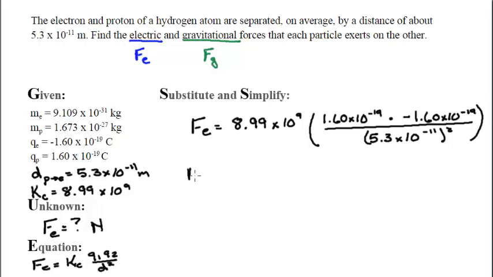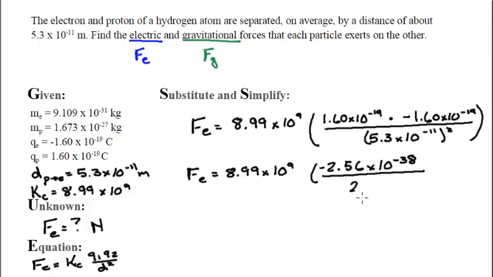Alright, so I'm going to solve the top and the bottom of the parentheses first. So 8.99 times 10 to the 9. And if I solve the top, I get 2.56 times 10 to the negative 38, and that's a negative number, over 2.809 times 10 to the negative 21.